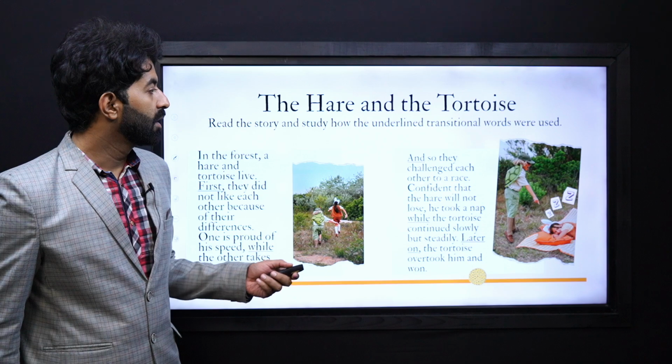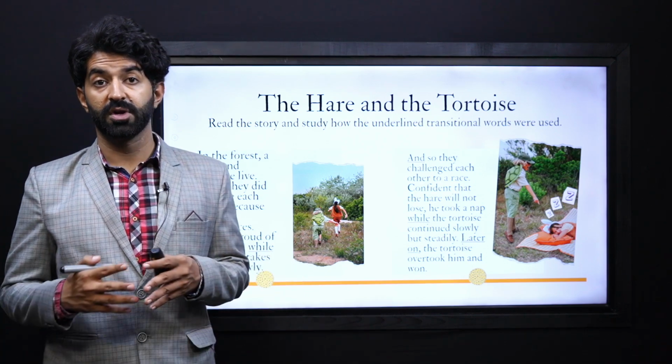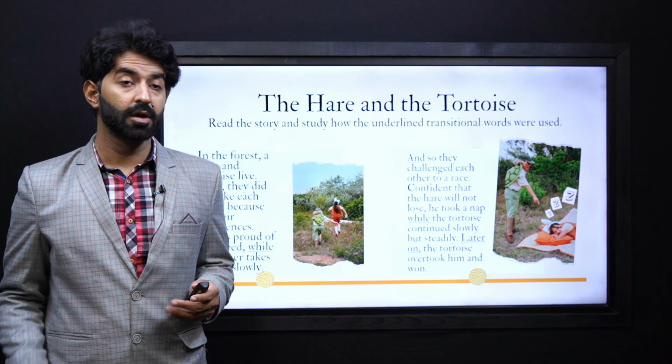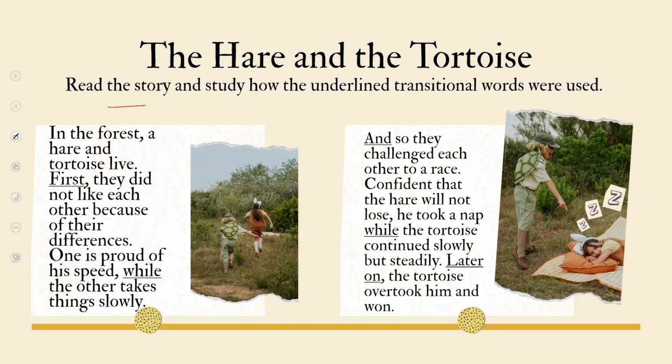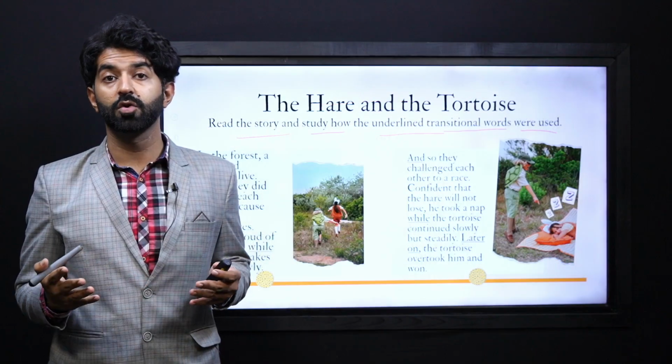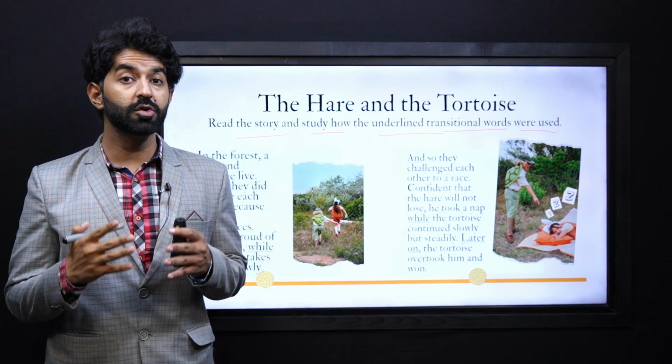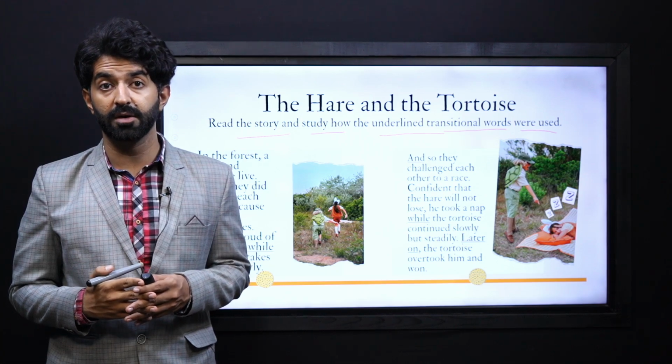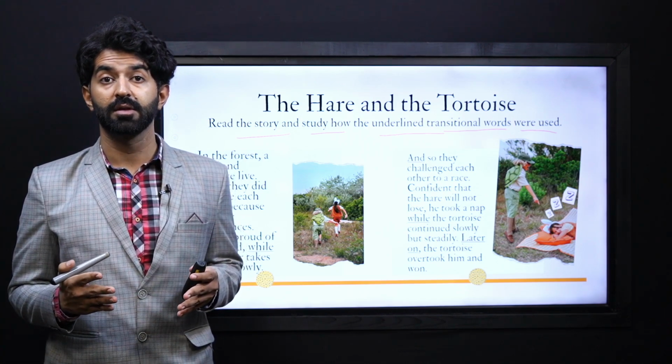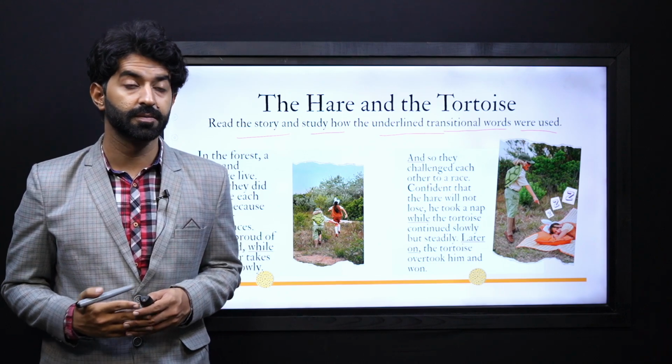Now, here is a story in front of you. The transitional words are highlighted. You have to read the story and study how the underlined transitional words were used. Now, imagine that there were no transitional words like these. Would you be able to understand the story better like you used to when we use transitional words?